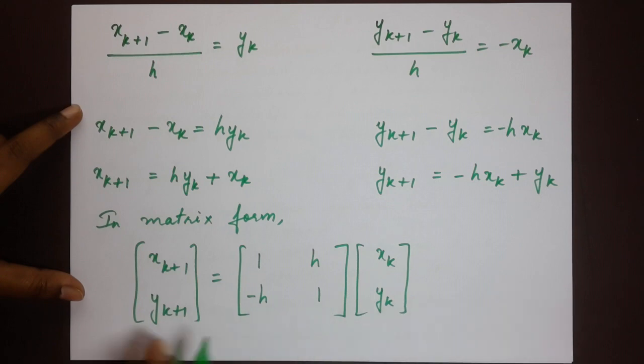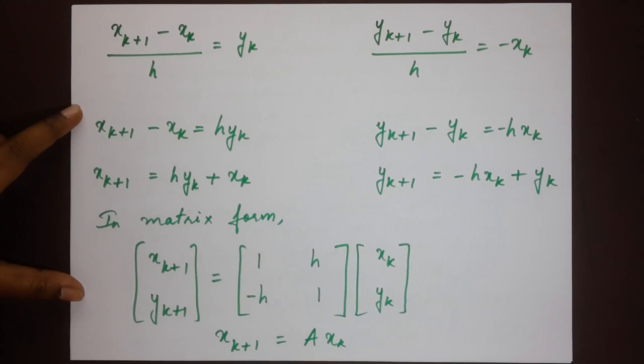So basically, we would write this equation in the form xk plus 1 is equal to A into xk. So what we can do is find out where the poles of the transfer function of this system lie. If we can do that, then we can see if it is stable or not.